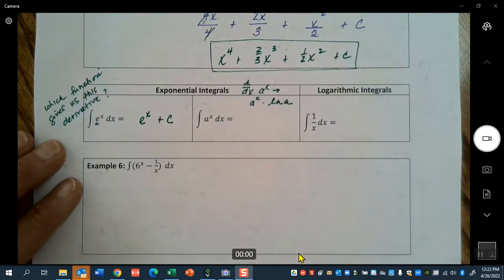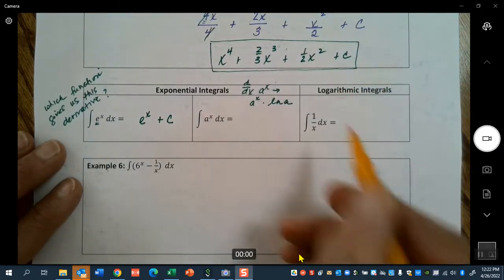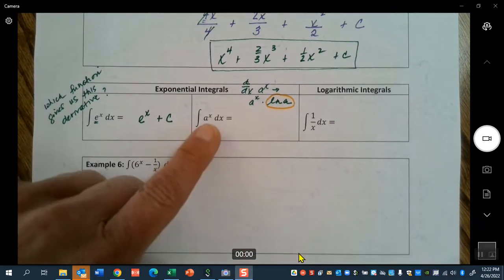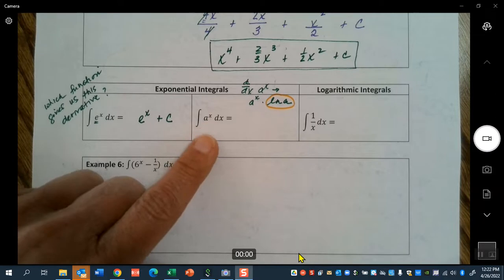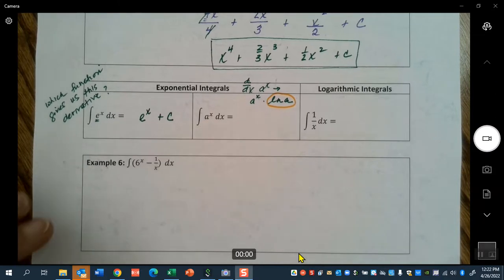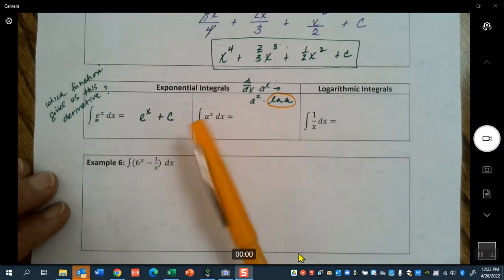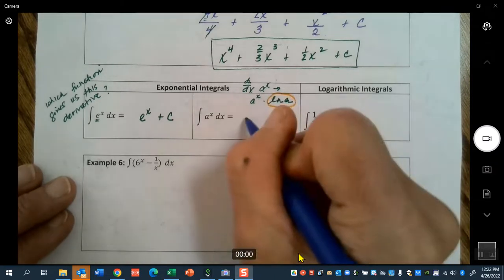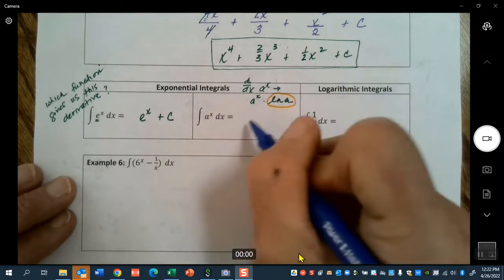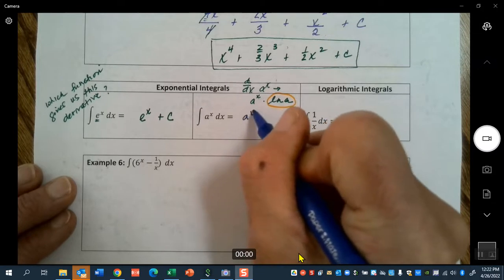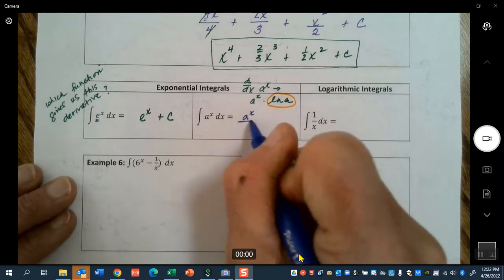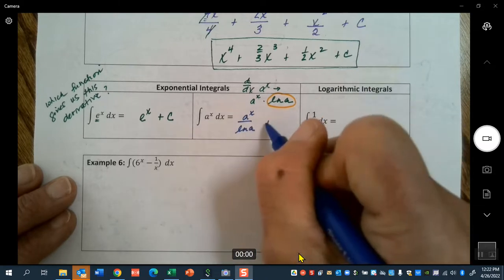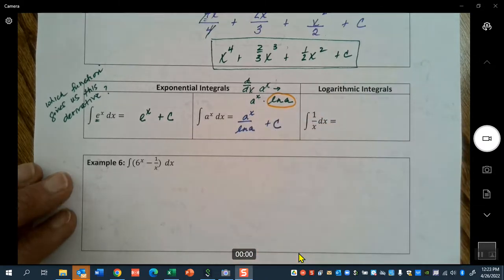But as I'm working on that, this part here is missing. So where is it? Well, it must have canceled out. So when I go to take the integral of a to the x, I'm going to have a to the x over the natural log of a. And then don't forget your plus c.